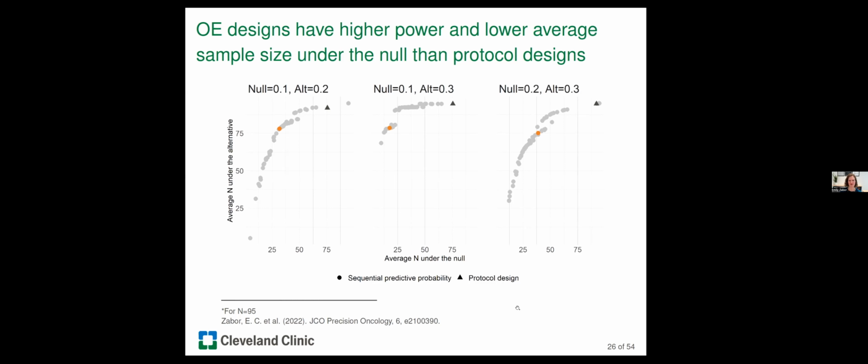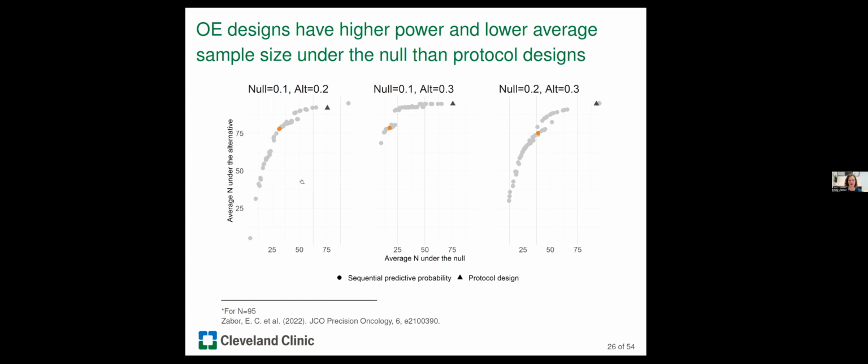Each panel has the average sample size under the null on the x-axis and the average sample size under the alternative on the y-axis. The dotted points are the sequential predictive probability designs, with the orange point indicating the optimal efficiency design, the closest point to the top left corner, and no weighting was used in this simulation. Then the triangle represents the original protocol design with the single futility look.